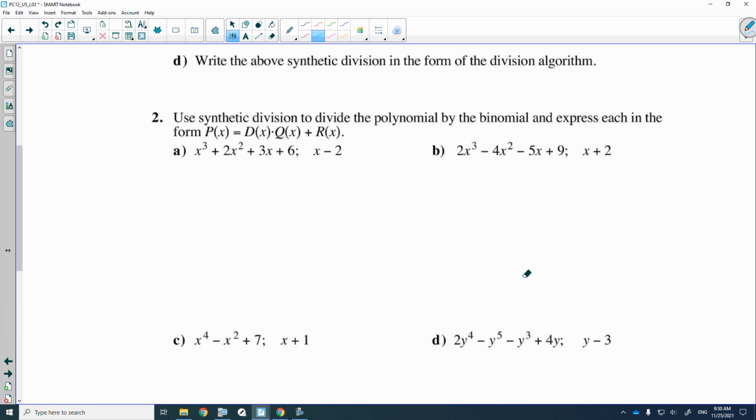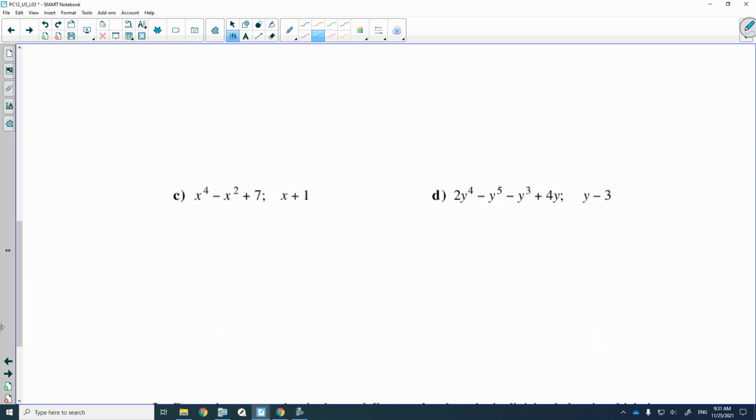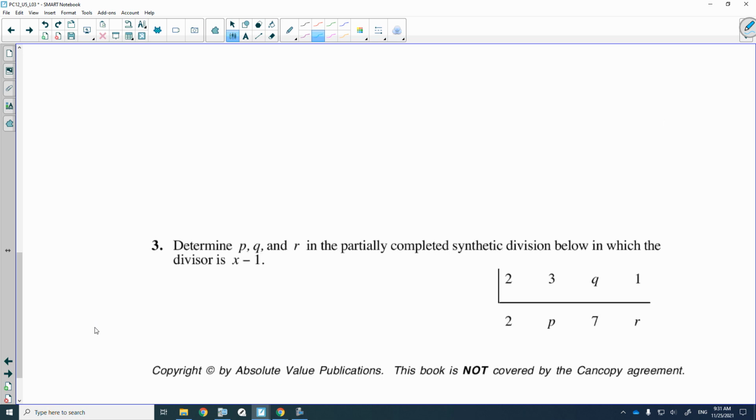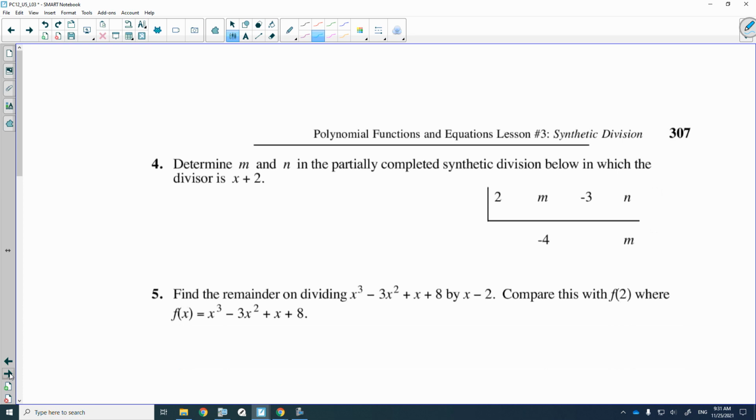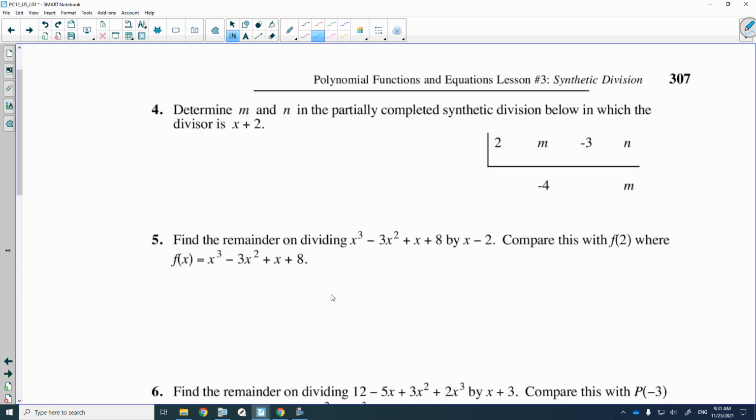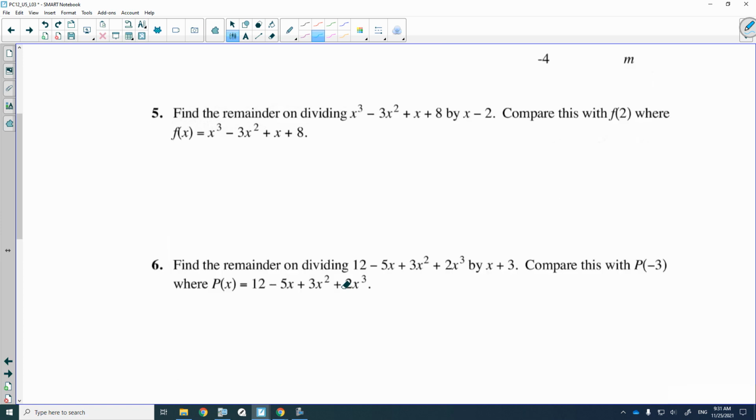Last semester I assigned B and D, but you could pick any 2, or you could do all 4 if you really want to be good at synthetic division, but you could pick 2. Do number 3. Number 4. Number 5. And 6.